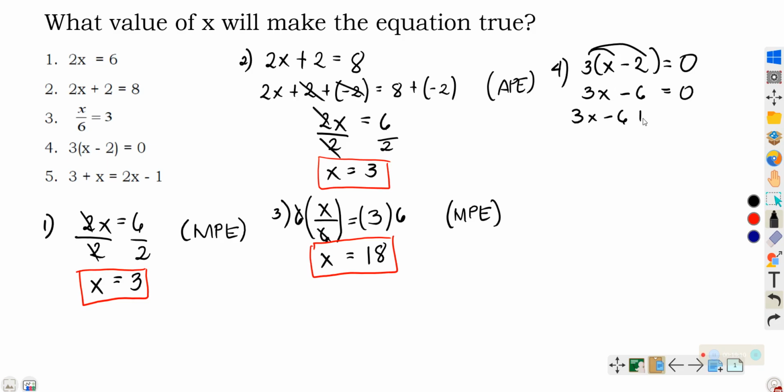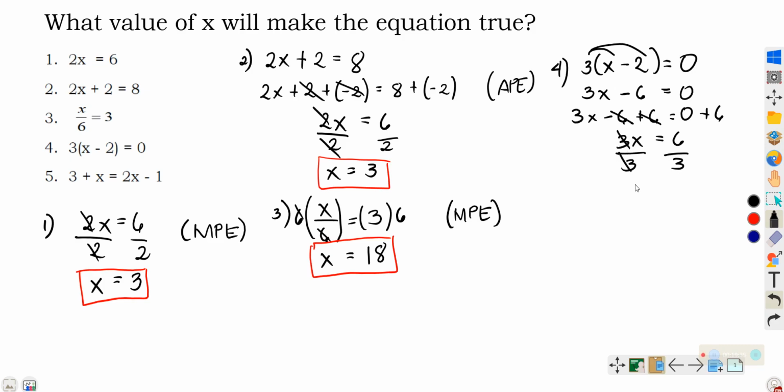So, minus 6 plus 6, and then 0 plus 6 din. Okay? So, kailangan balance. Alam naman natin, opposite to, makakancel na yan. So, matitira na lang ay 3x, and then 0 plus 6 is 6. And then, dahil may coefficient na 3 pa yung x, divide both sides by 3.